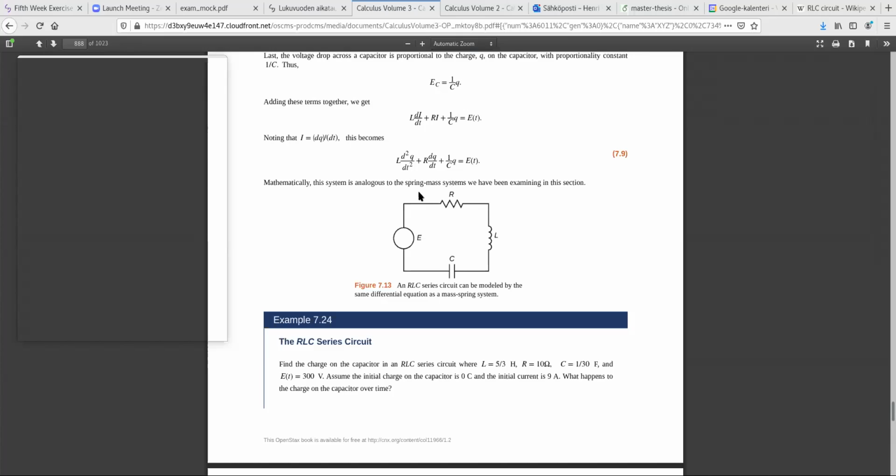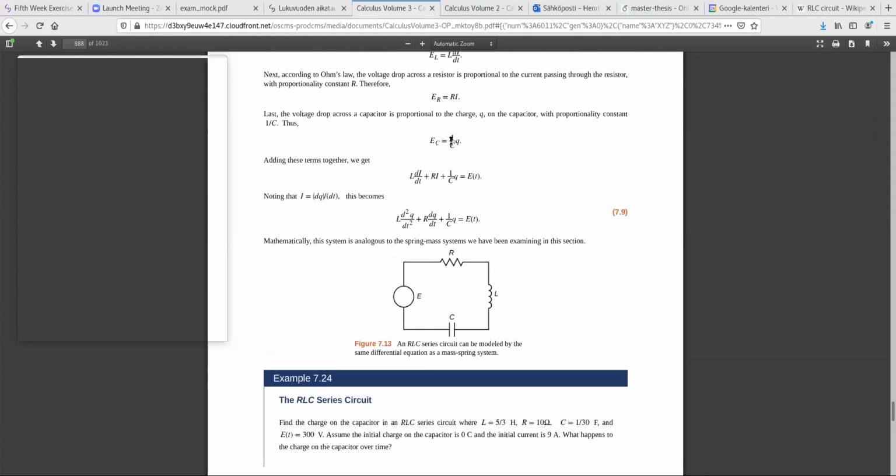So the idea of this is that the external voltage must all be consumed in this route, and the voltage over the capacitor. I forgot. I made a small blunder in that. I'll fix it.